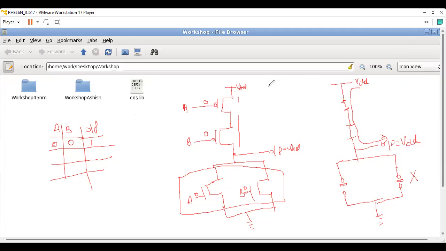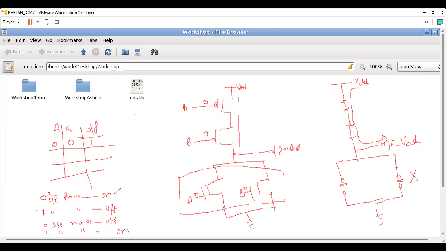Initially, I said that whenever you have zero input to PMOS, it is on. One input to PMOS, off. One means one or VDD, whatever. And when zero input to NMOS, off, one input to NMOS, on, right?